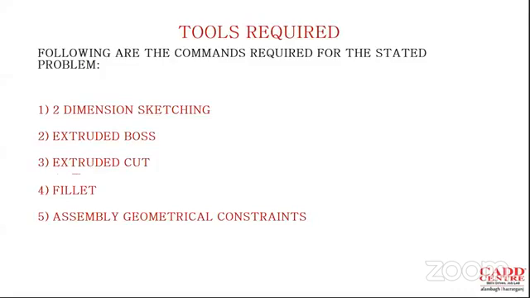Then the tools that are required. The tools required for our stated problem, to develop a mechanism assembly using SolidWorks, are two-dimensional sketching tools, second the extruded boss and extruded cut tools, fillets, and the assembly geometrical constraints.